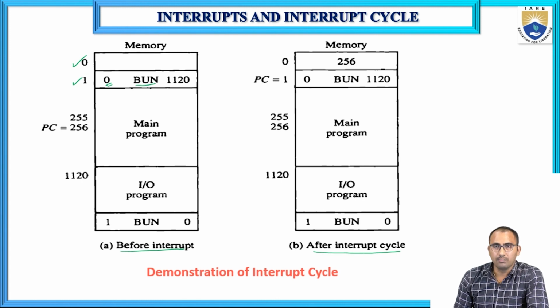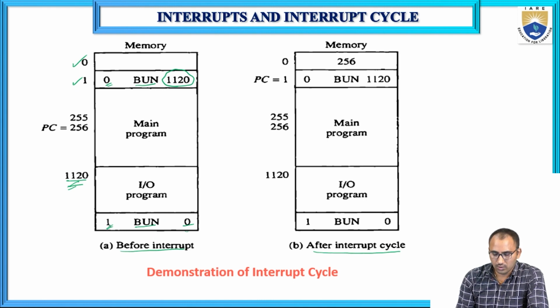BUN means branch unconditionally, so without checking any condition, the program control will be transferred to this address, 1120. In the 1120 location we have an IO related program, input or output related program. It will execute, and the last instruction is 1 BUN 0.